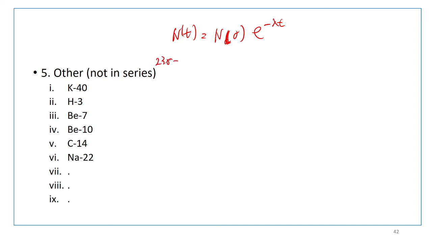The ratio of the present number of uranium 238 to the initial number of uranium 238 is the exponential of minus lambda t.